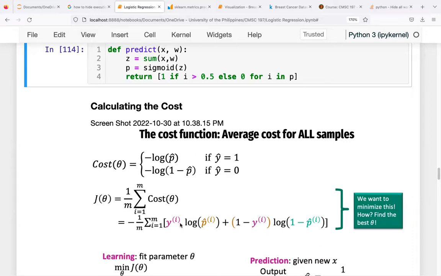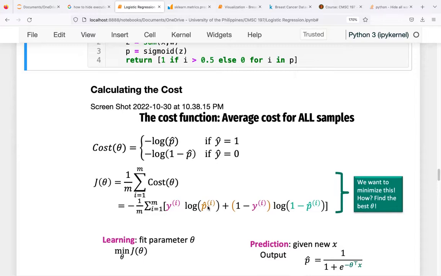So we have y times log of p plus 1 minus y times log of 1 minus p, wherein log of p is the probability if y is equal to 1, and log of 1 minus p is the probability if y is equal to 0. So this is basically equivalent to this representation, okay?